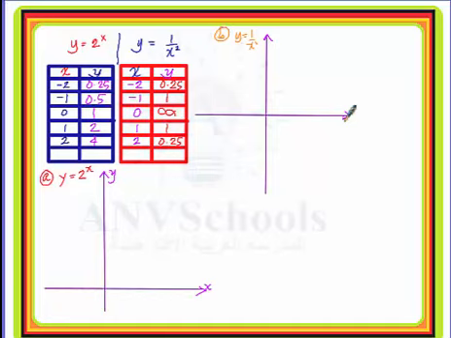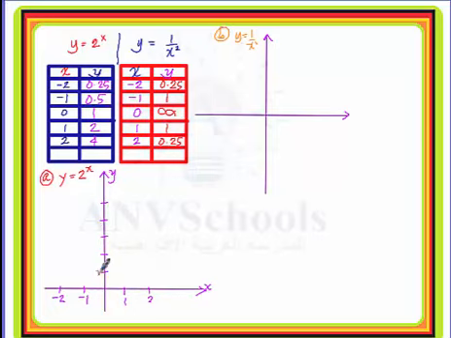Okay, so now let me have my labels. So this is 1, 2, negative 1, negative 2, and for the x-axis negative 2, negative 1, 1, 2, and this is my y value. These are for my values of y.